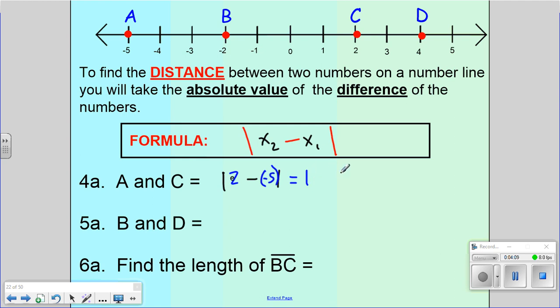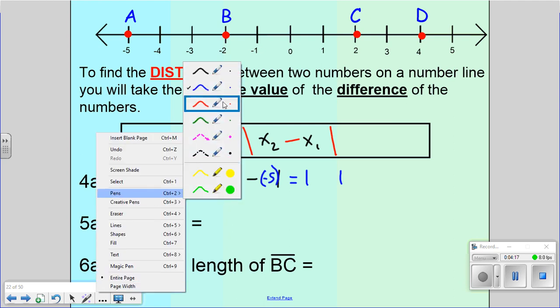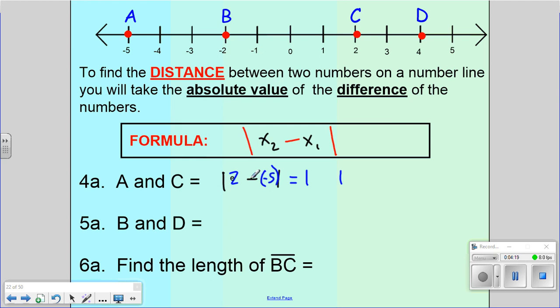So that's the absolute value of 2 minus -5, which ends up being 2 plus 5. So 2 plus 5 gives me 7. And now let's find the absolute value of 7, which should be 7, because 7 would be 7 spaces from 0 on the number line.